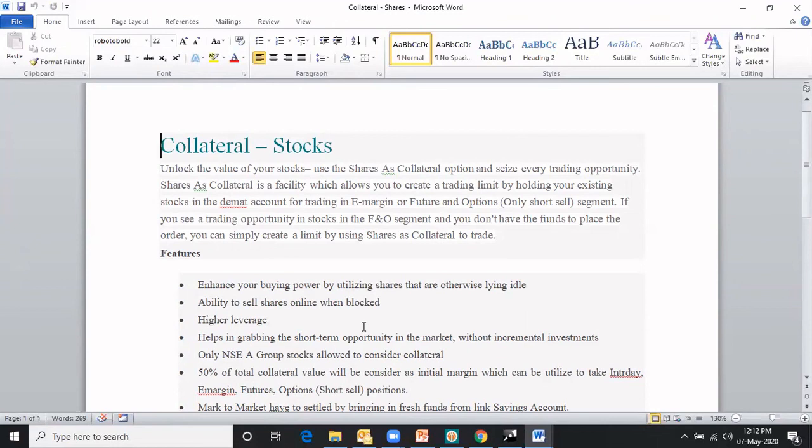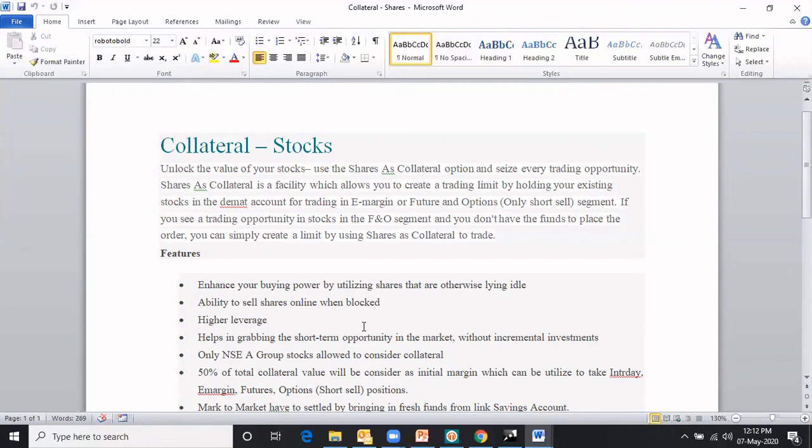Then 50% of 50 lakhs becomes 25 lakhs, which is my initial margin to trade. In that 25 lakhs, I can do intraday trading. I can take e-margin positions. I can do derivatives, futures, buy or sell, or I can do option selling also with this collateral margin. Collateral margin cannot be used for delivery buying, that is, cash trades are not allowed.